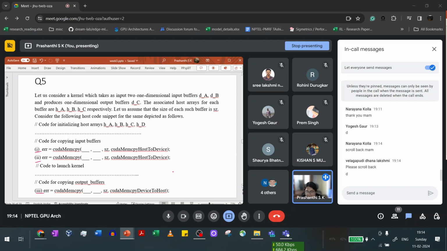So think about the previous question we solved, which had the syntax of CUDA memcopy, and that will help you fill both these blanks. And pay attention to what the question says, as in what is the direction of transfer. Are you transferring from host to device? Are you transferring from device to host?